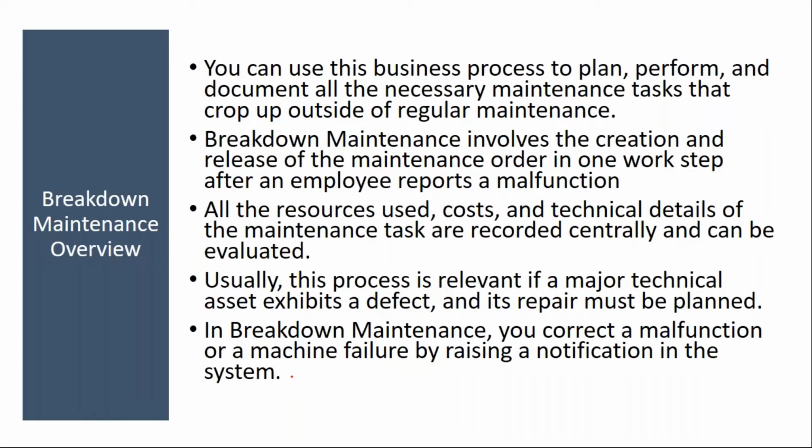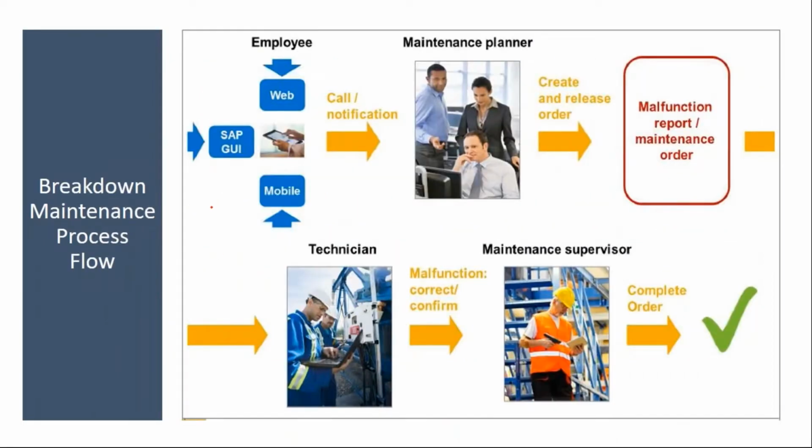So the trigger point, the first step in this breakdown maintenance, is normally the creation of a notification. This is the process flow. When the concerned department has equipment with a breakdown, they create a notification in the system. Let's say, for example, take the production department. Suddenly there is a machine breakdown, the machine stops working. Then they create a notification to inform the engineering department, the maintenance department.